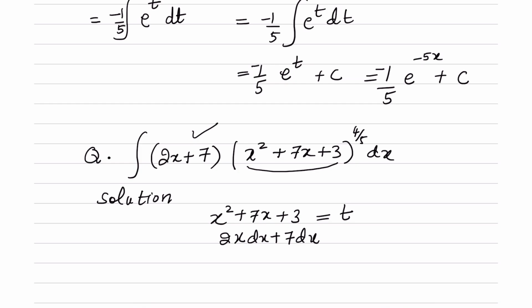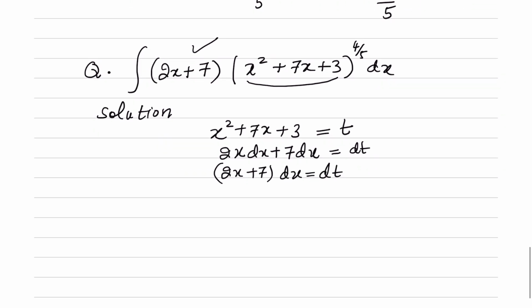It's just like the derivative of a constant is 0. This equals the differential of t, which is dt. Here dx is common, so we will take it out, giving 2x plus 7 times dx equal to dt, and the value of dx here is dt by 2x plus 7.